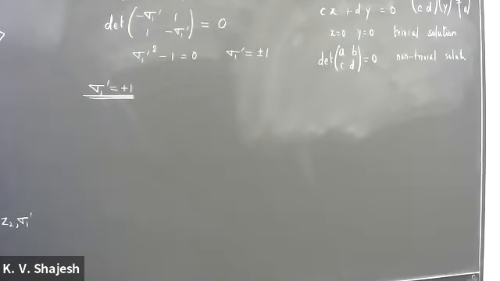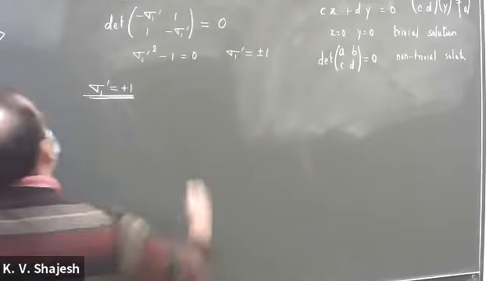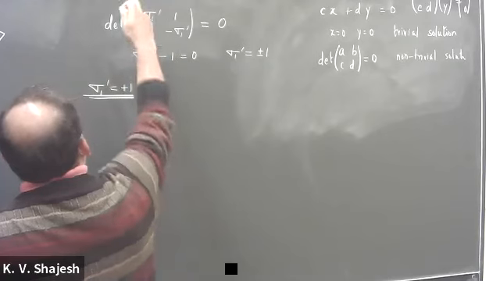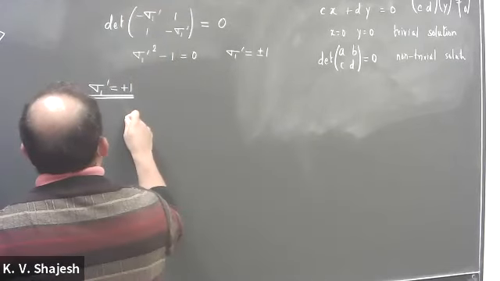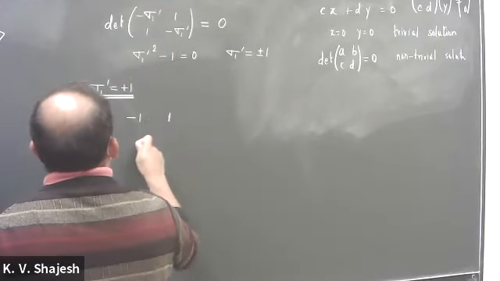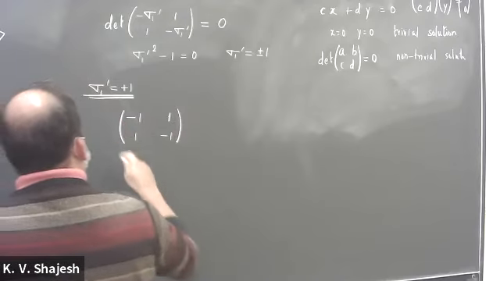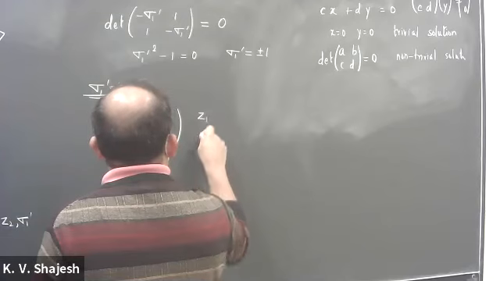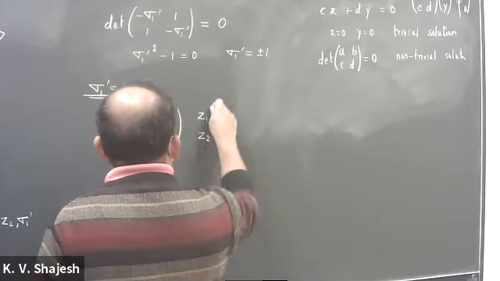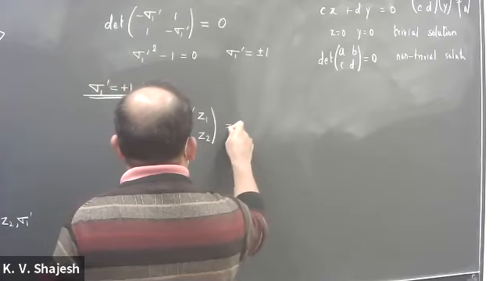So if sigma 1 prime is equal to plus 1, then our matrix equation again becomes the matrix minus 1, 1, 1, minus 1, multiplied by z1 and z2, equal to 0.